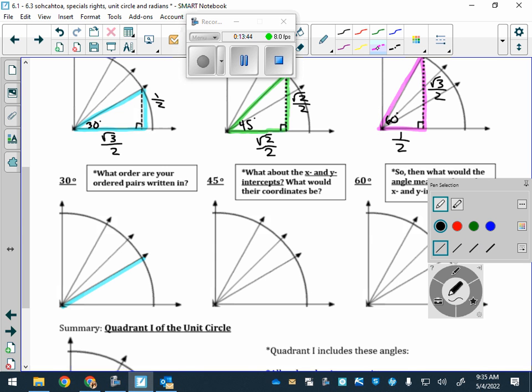Knowing this is 30, how would I take both of those side lengths and write it as, I want to know the point on this circle. How would I write it as an ordered pair?